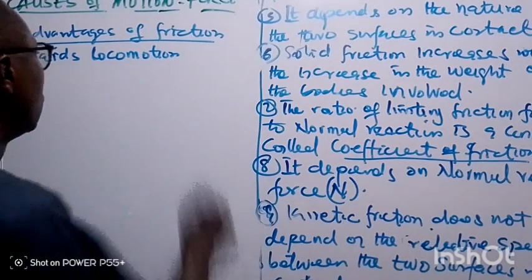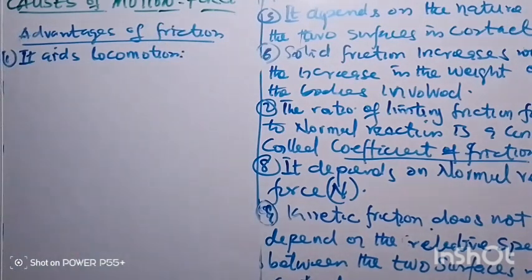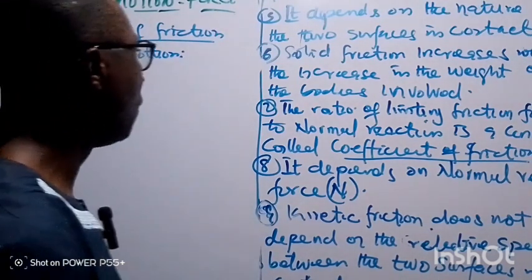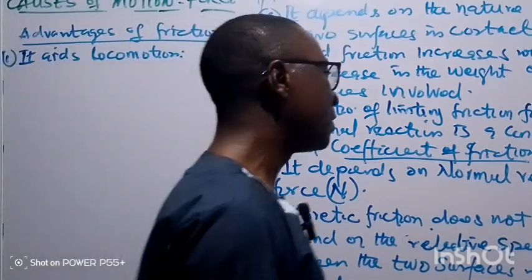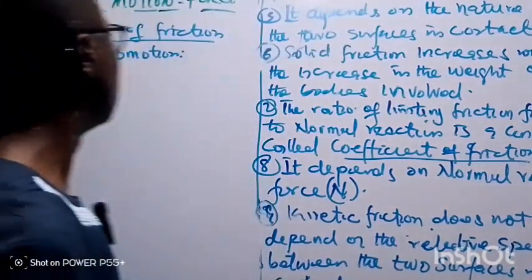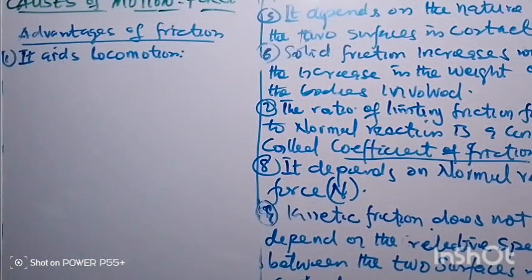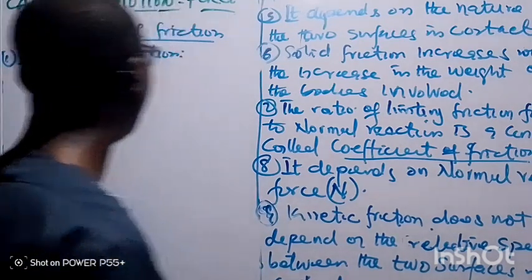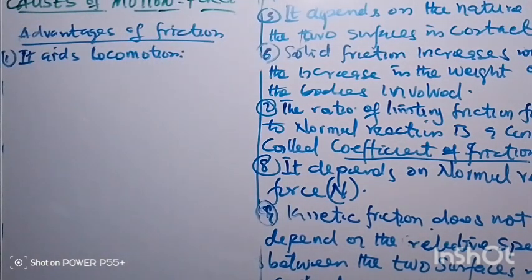That is, it makes the walking of human being possible. As we are walking, we are stepping forward. It is due to friction that holds your foot to the ground. If there is no friction, you won't be able to walk conveniently. So friction aids locomotion.